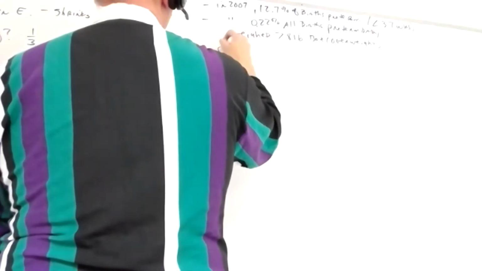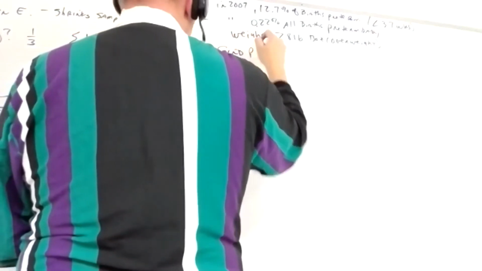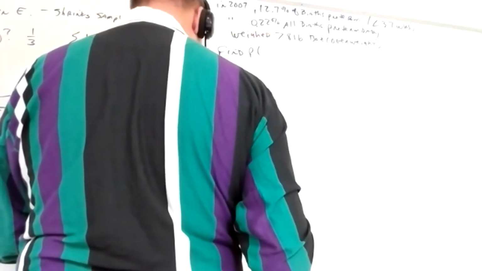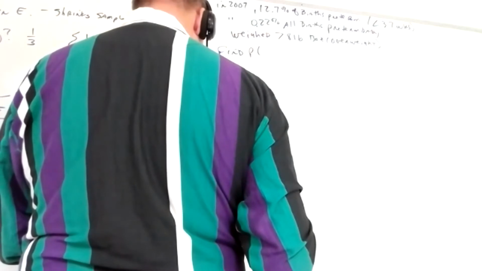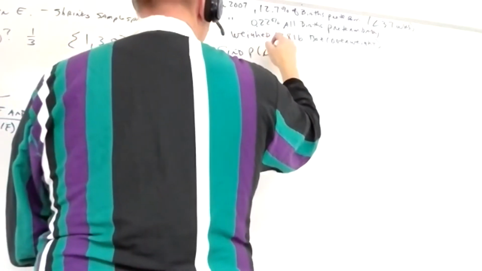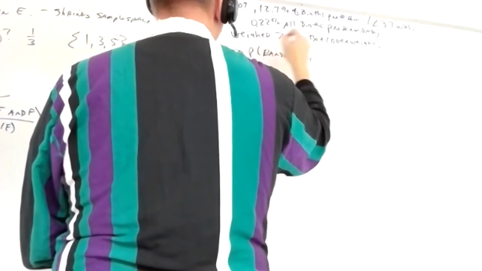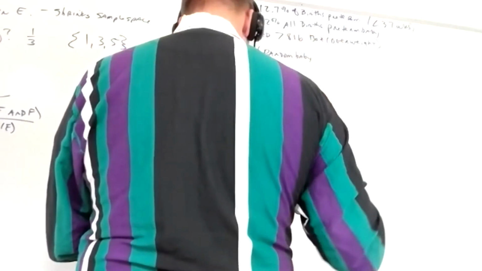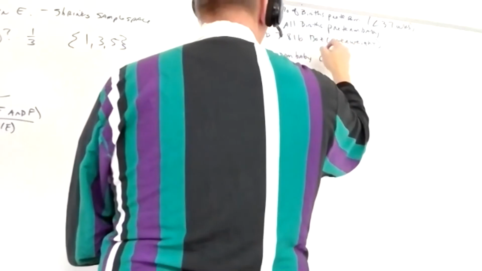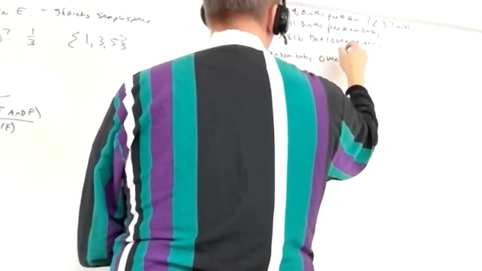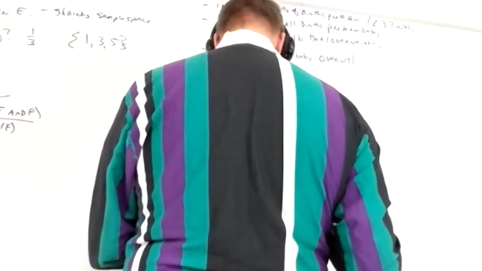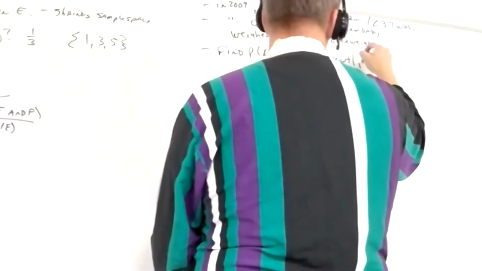So find the probability that a random baby was overweight given that they were preterm.